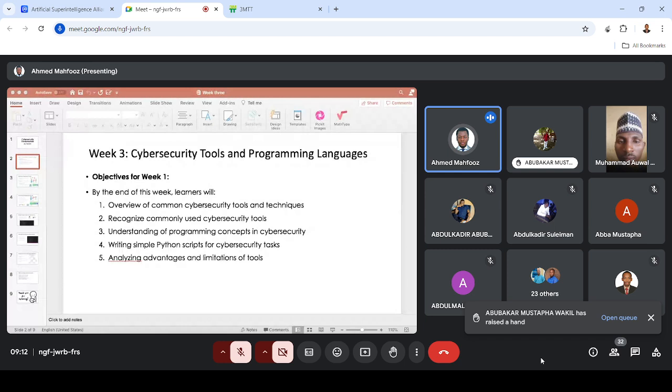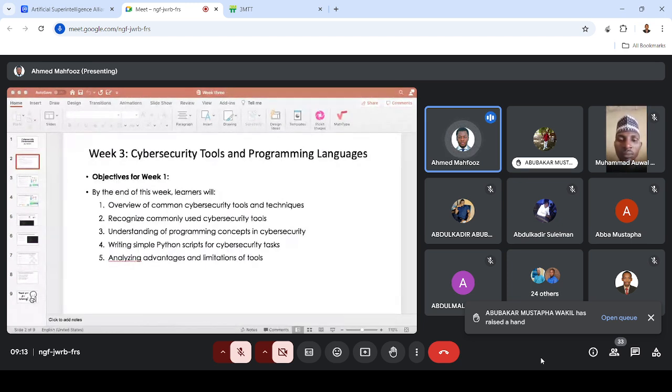Same thing when we come to cybersecurity. We have tools, because cybersecurity is a profession also. As a cybersecurity professional, you have some tools you use in your work. Different tools can be used for different functions, just like what you can use a tractor for, you may not be able to use a cutlass for. So different tools serve different purposes.